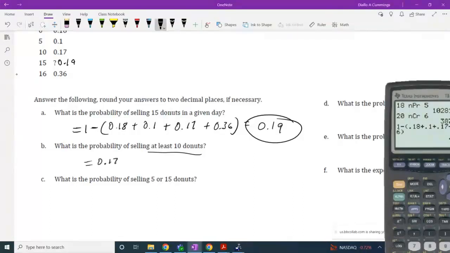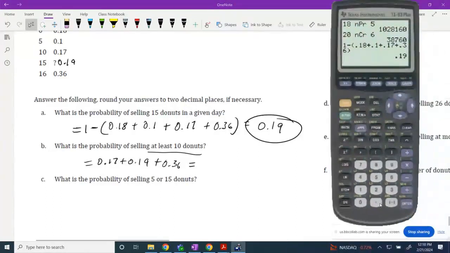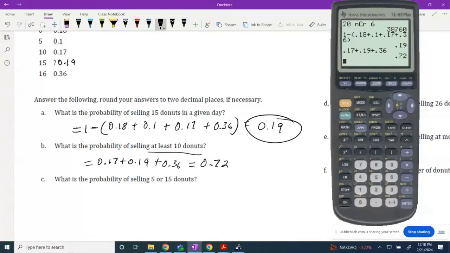So 0.17 plus 0.19 plus 0.36 is 0.72. So at least means I can sell more than 10, but at least 10.